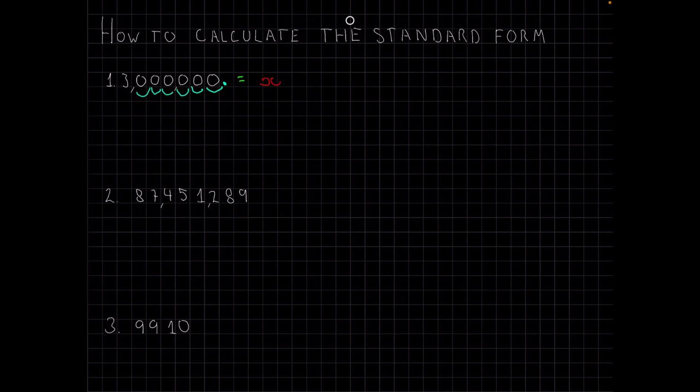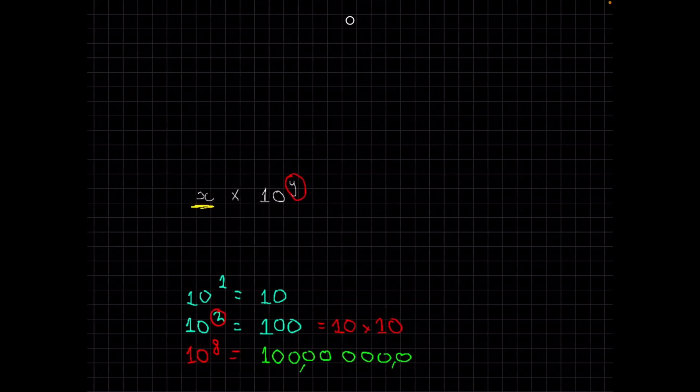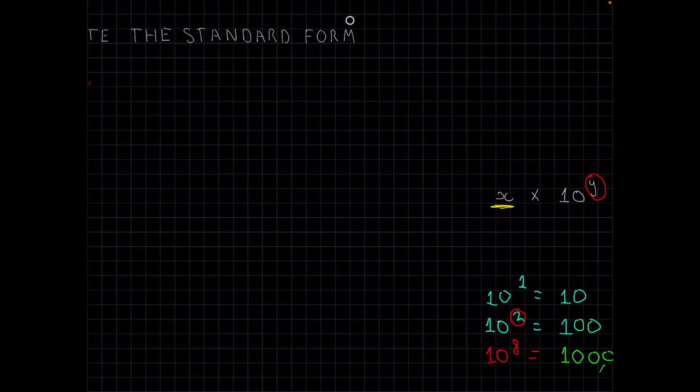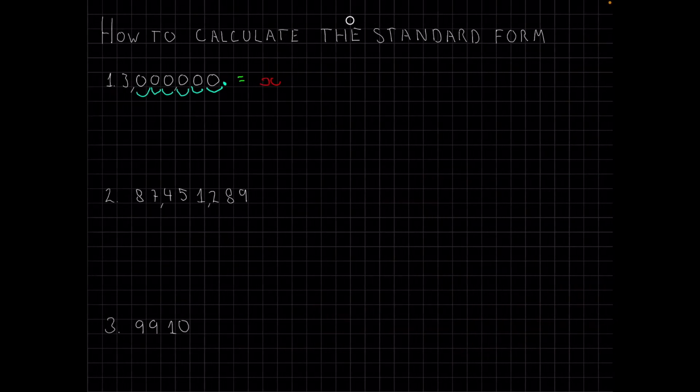So we can write out our little equation. We put down a little x here because we don't know what this is yet. We don't know what's on the left side of our formula, but we know what our y is, because our y is going to be 6, as there are 6 zeros. So we can do x times 10 to the power of 6, because we know it's a million, because it's 3 million. But what would be the x, you might ask?